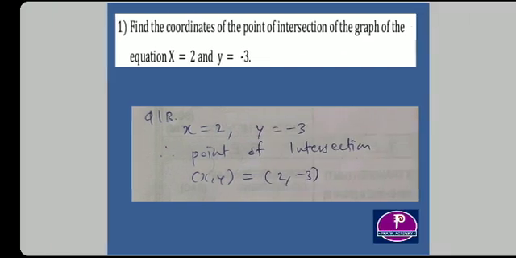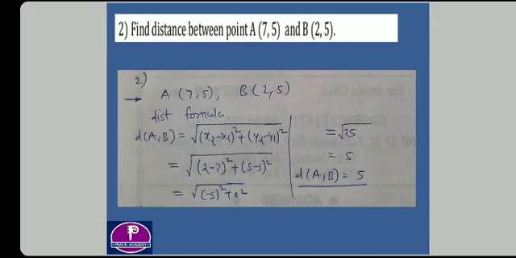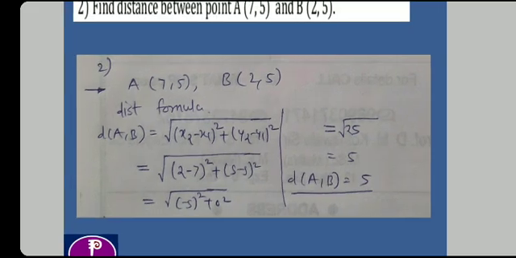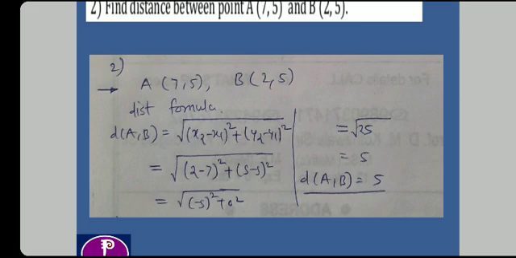Then one more question. Find the coordinates of the point of intersection of the graphs of the equations x is equal to 2, y is equal to minus 3. As x is equal to 2, y is equal to minus 3, the point of intersection will be (x, y), that is (2, -3). Next, find the distance between points A and B. Coordinates of A and B are given. Simple, use the distance formula. We get AB as 5.